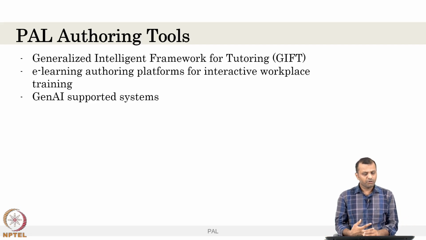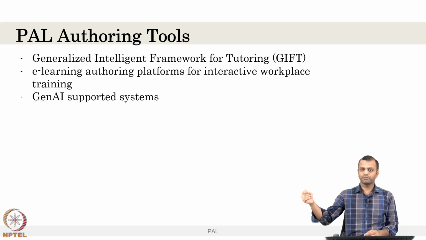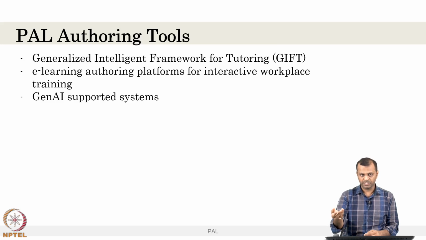The 3 things we talk about this week start with the Generalized Intelligent Framework for Tutoring, GIFT. Here the idea of ITS is basically rule based. If the student scores 80%, I would promote them to the next content. If the student fails, I'll give a hint. If the student is not able to answer the question after multiple hints, I will give different hints.